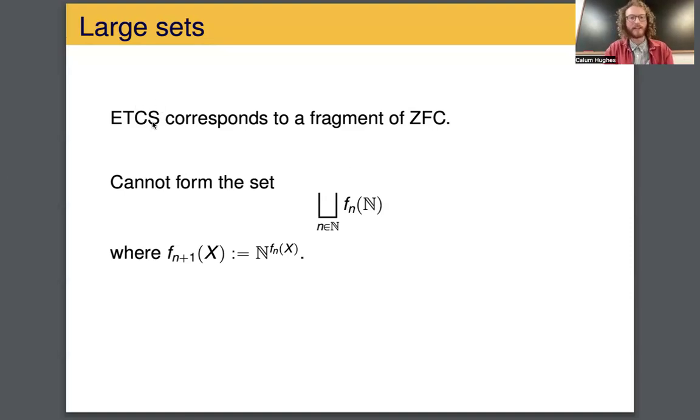But the point I'm making is that the elementary theory of the category of sets is strictly weaker than ZFC. You can't form stuff like this. And so in ZFC, the way you form sets like this is by the axiom of replacement. And there's a couple of reasons why you can't incorporate replacement within the elementary theory of the category of sets.